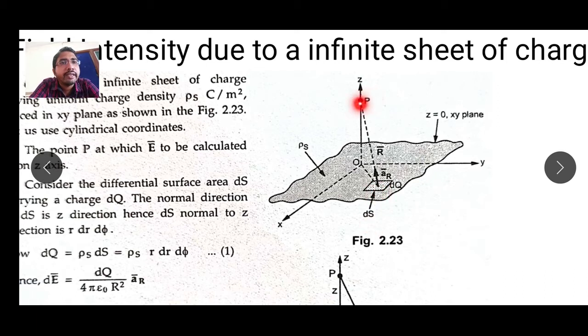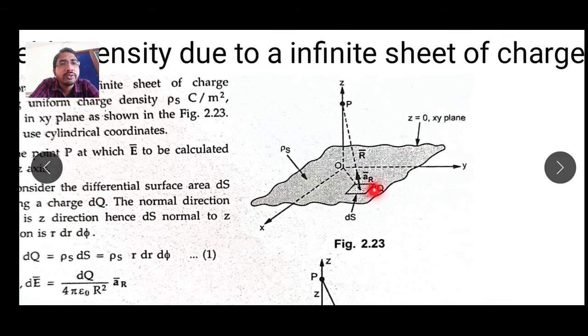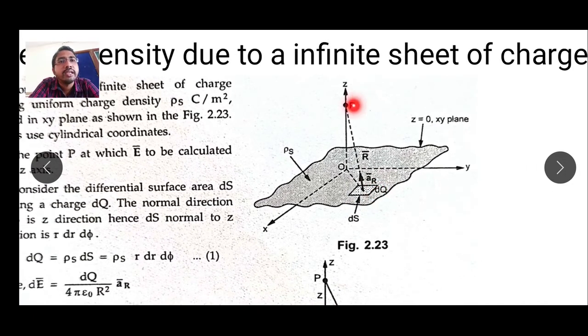I want to find the electric field intensity at point P due to this small differential sheet of charge. So what is the distance from this differential part ds to point P? The distance is r bar, and the unit vector in this direction is ar bar.